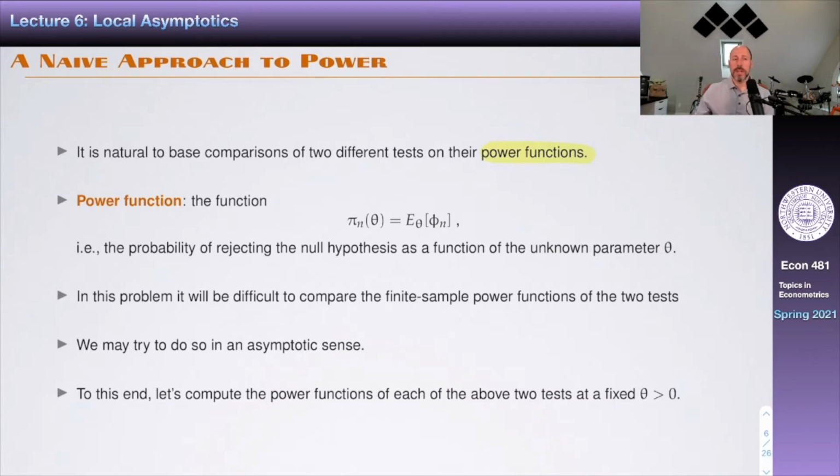If you pick theta under the null, it's just going to be bounded by alpha. We know that. But if you pick a theta under the alternative, we don't know what could happen with this rejection probability yet. Of course, this is going to be a different number depending on the value of theta.